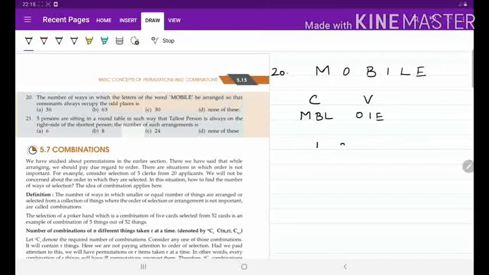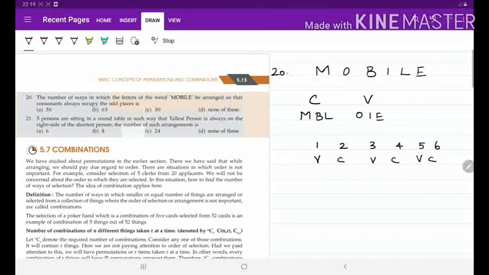We have 6 positions, of which 1, 3 and 5 are the odd positions. We are given the condition that the odd positions are occupied by consonants, so the even positions are occupied by the vowels.